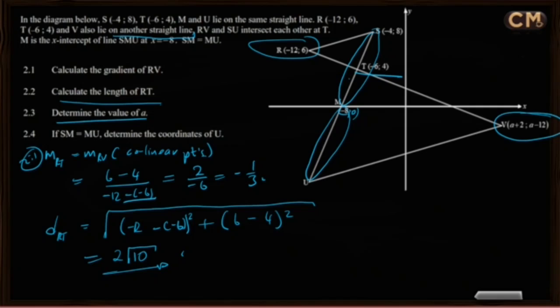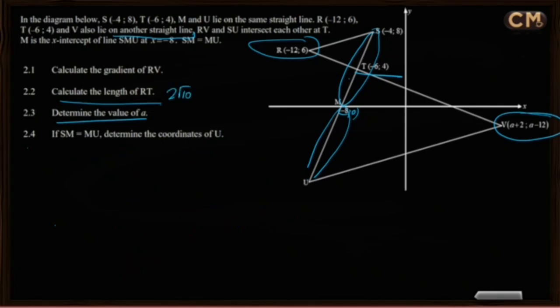Now, luckily, what we'll do is we will realize that gradient of -1/3 applies to the whole straight line. Remember, we were asked to calculate the gradient of RV in 2.1.